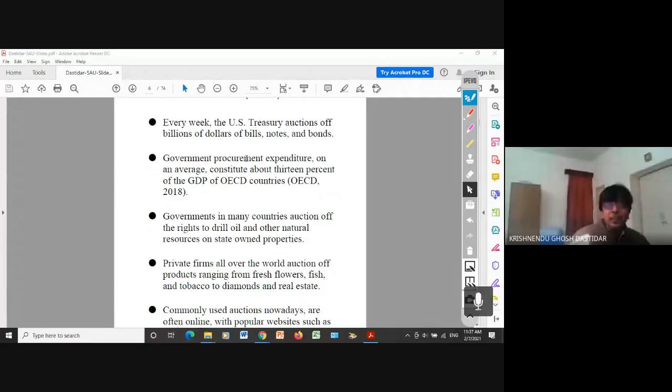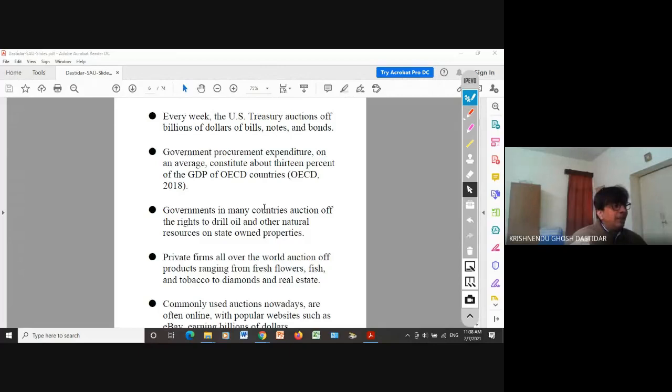Suppose JNU is buying computers, and it gives some specification that we need such and such RAM size, such as hard disk size, and then it asks for tenders. This is also a kind of auction, and the company quoting the lowest price wins the contract. These are called procurement auctions.